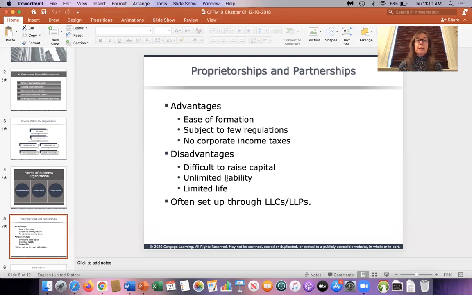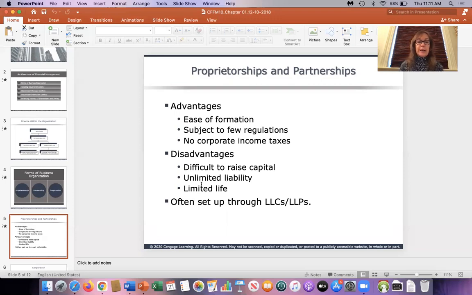So there's unlimited liability. Unfortunately, a lot of times small businesses fail, and I've heard of people losing their homes because they've taken out second mortgages. So you have this unlimited liability as a sole proprietor. Partnerships, same thing. A partnership is just two or more people. That's the unlimited liability, so that's a disadvantage of a sole proprietorship and a partnership.